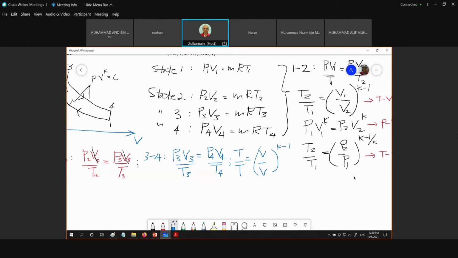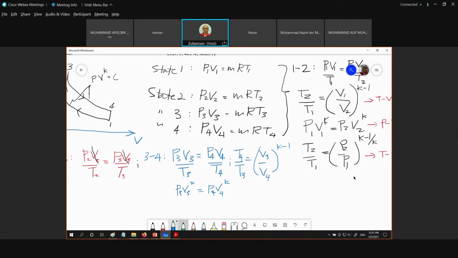This is after the expansion process, so this is 4 and this is 3. Next, we have P3V3^K equal to P4V4^K.